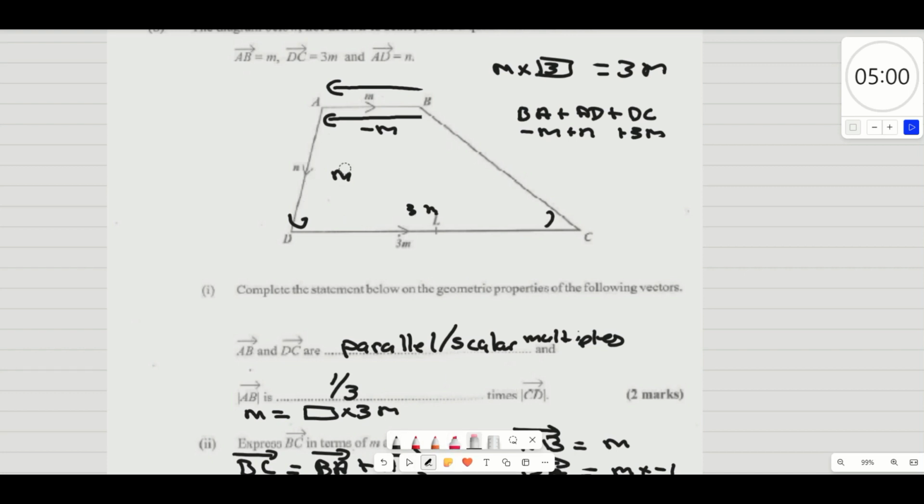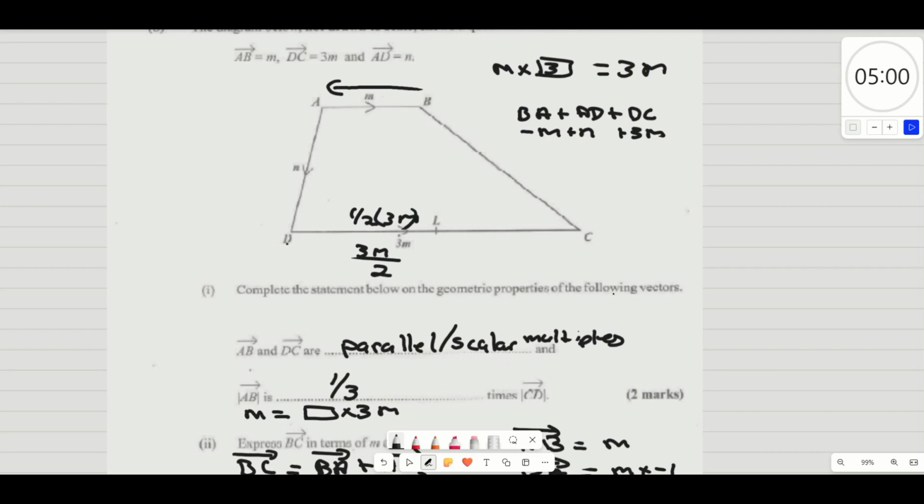So let me just erase this, but to use over the image, right? If L is your midpoint, it means it is half. So DL would be half of 3M, so this is 3M over 2.